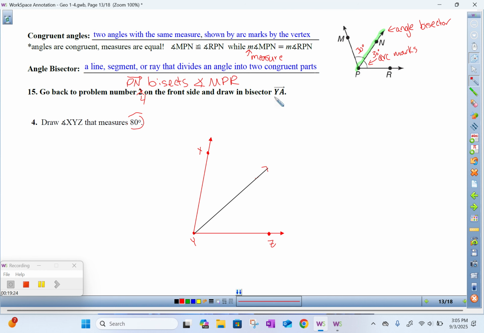So here, this was supposed to be called YA. There's the Y. I need to put point A out here. Now, you had something like 80 degrees here. There are two ways to show that this is a bisector.